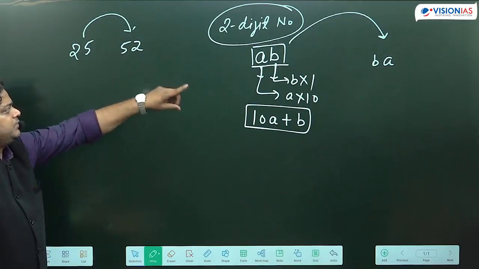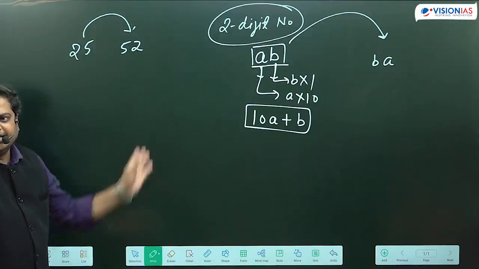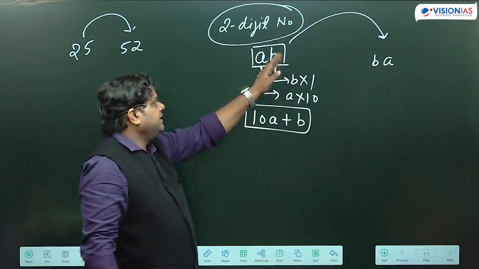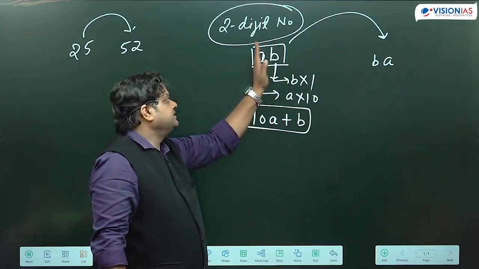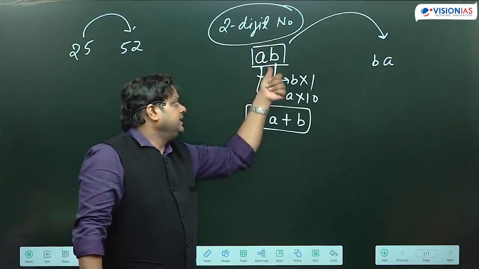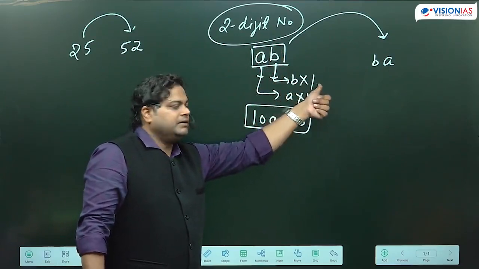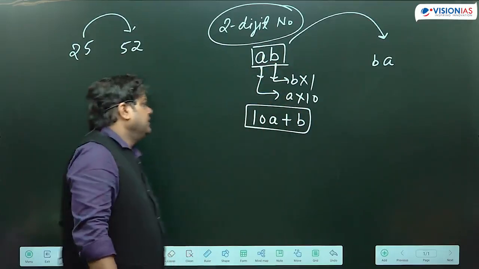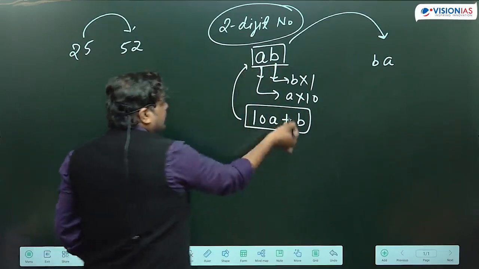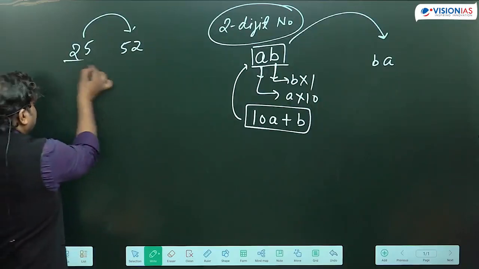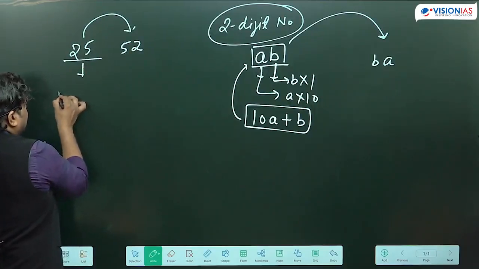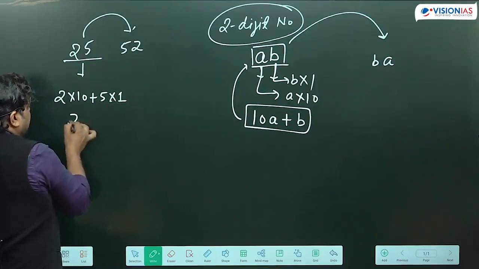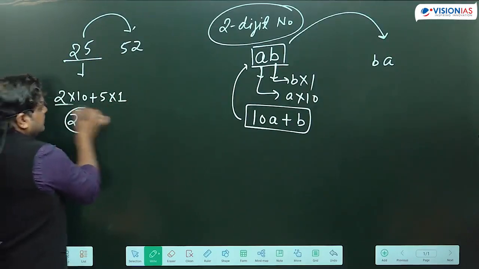If any 2 digit number को we write this form में AB, XY, PQ कुछ भी लिखो आप, but if we write them in terms of place values, B is coming at unit place, A is coming at 10th place. तो B की वैल्यू in terms of place value B into 1, A की place value A into 10, 10th place पे. तो इसको we can write number को 10A plus B. यहाँ पे भी वही हो रहा है ना, 25 को we can write 2 into 10 plus 5 into 1, तभी ये मिल रहा है टोटल मिला के 25. सेम थिंग आई हैव रिटन.